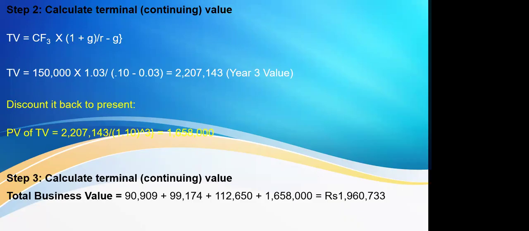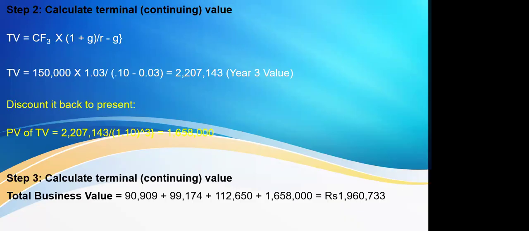Now, this is the formula you use to calculate terminal value for whatever cash flows forever. TV equals cash flow year 3 into 1 plus G, where G is the growth rate. If there's no growth, we can put 0 and go ahead. Divided by R minus G, where R is the discount rate and G is the same growth rate.